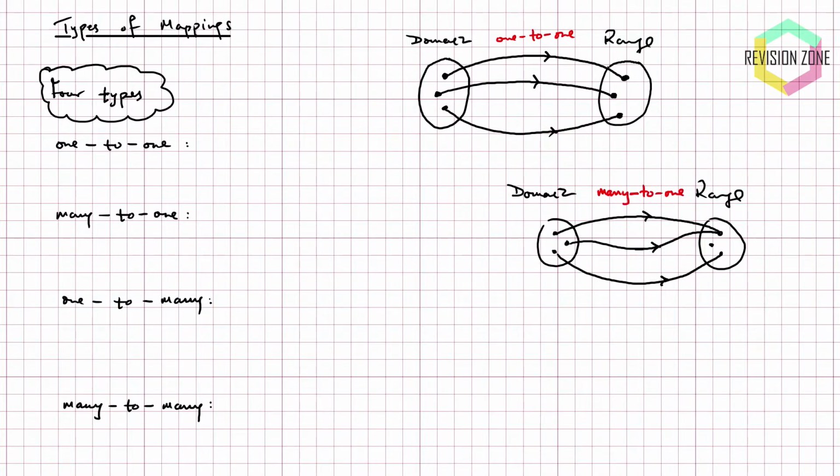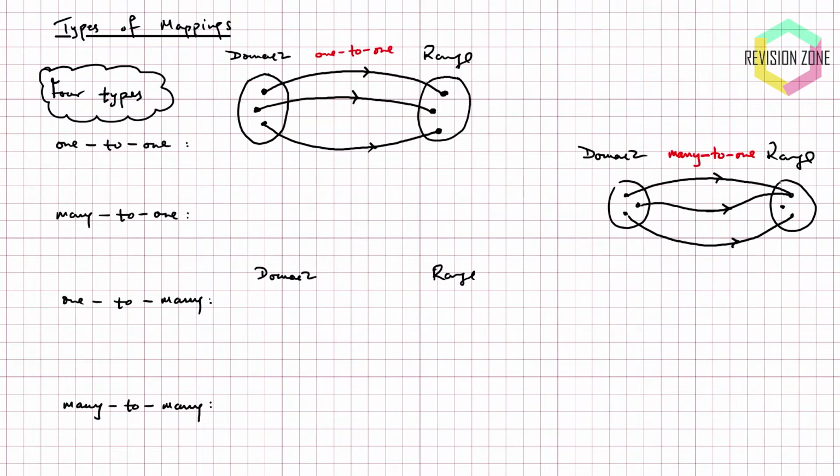The third case is, of course, one-to-many. Again, we're going to have some sort of domain and some sort of range. Perhaps it's better to lay everything out like this because it gives me enough space to write everything down. So we have some domain and some range, with things in our domain as before and things in our range as before.